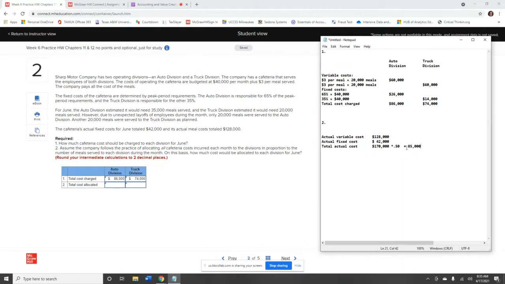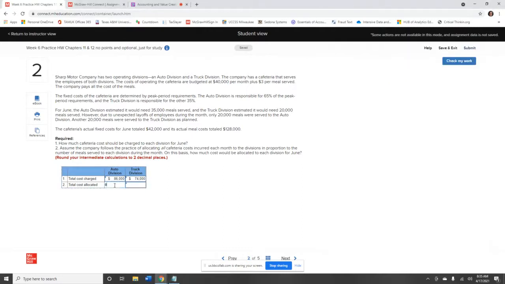But you know, if it wasn't, right? So if it was like I had said before, truck actually did 75% of the meals, you'd take 170 times 0.75 and 170 times 0.25 and get your answers. All right. But in this case, they were even Steven. So that's 85,000 and 85,000.